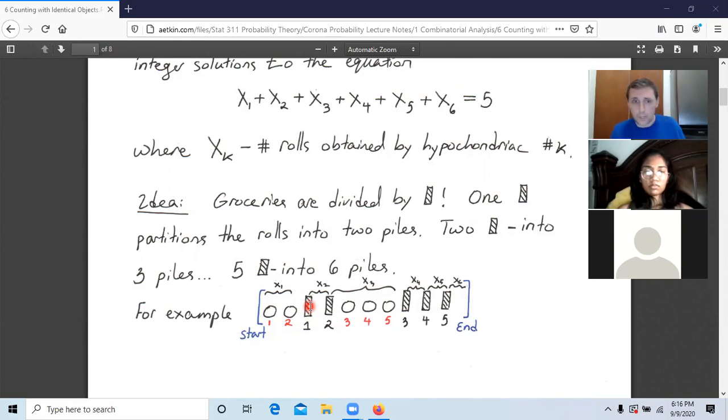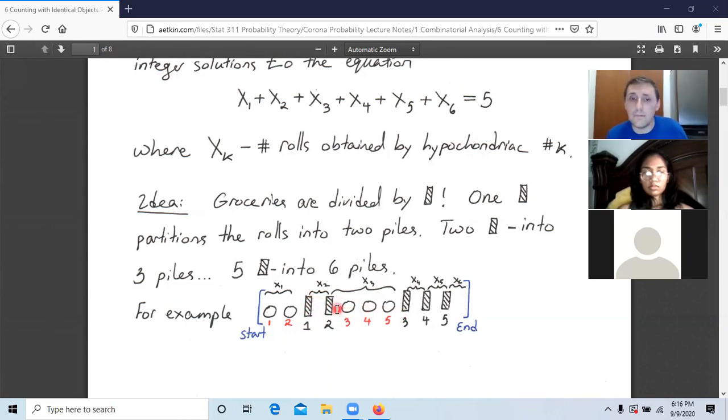From the start, I just need one partition. Whatever is between the start and bar number one is how many toilet paper rolls are given to hypochondriac number one. Then the rolls between bar one and bar two, the bars are not numbered, they are just placeholders, is how much x2 is getting.